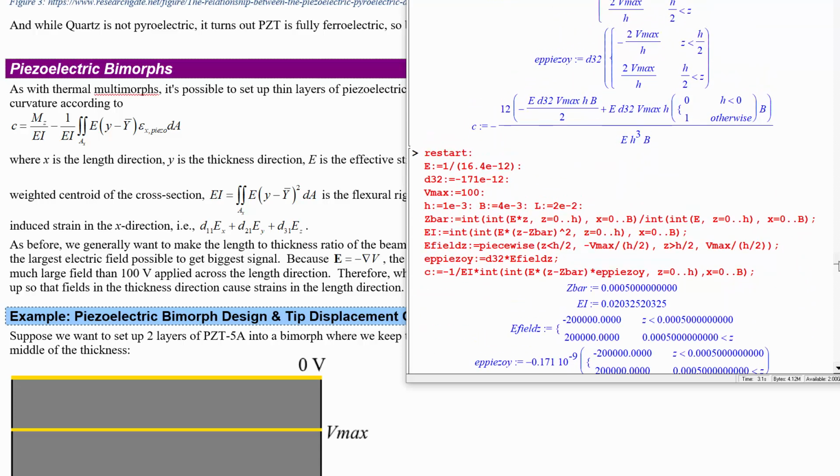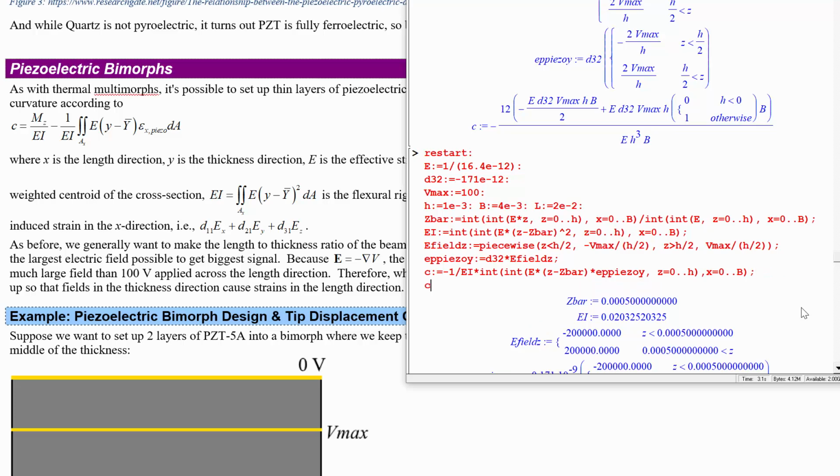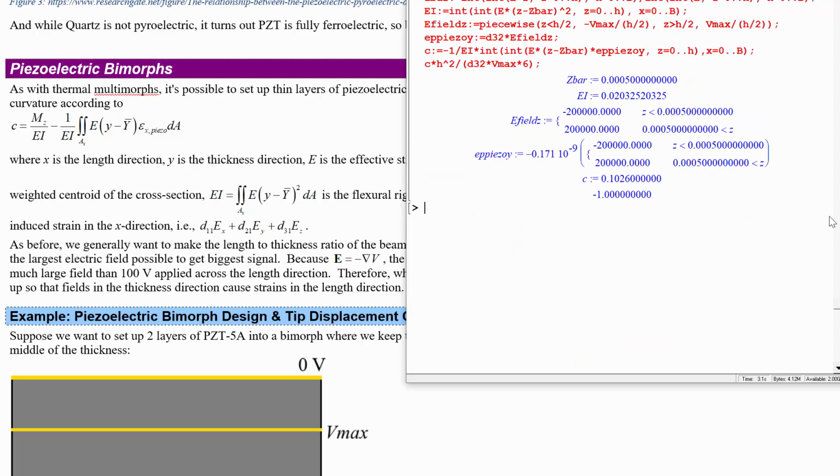One way to check that this is correct is to take this curvature and multiply by the inverse of that, H squared over D32 Vmax times 6, and then we should get negative 1.